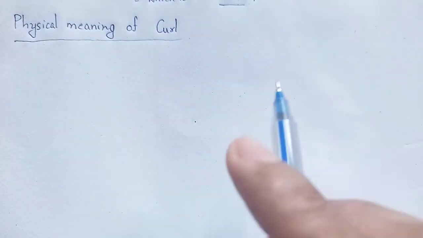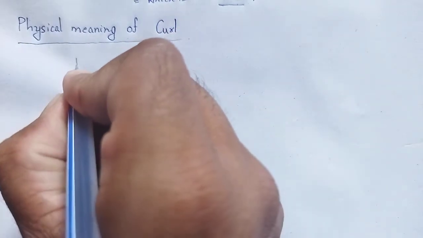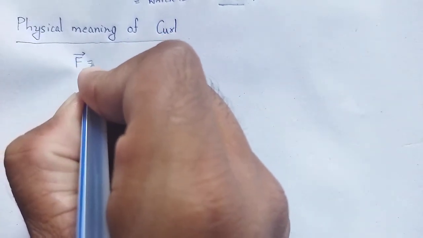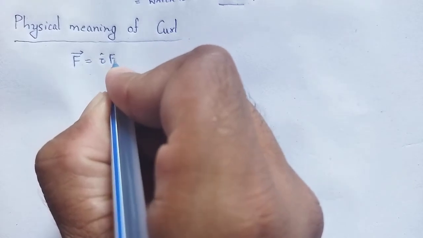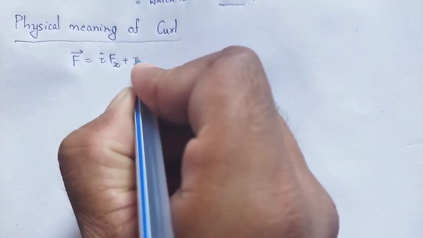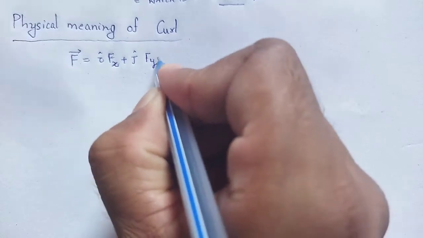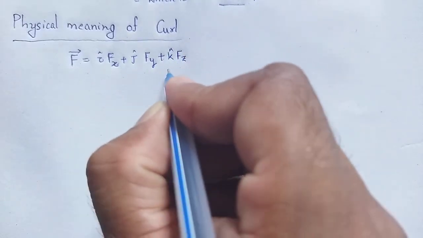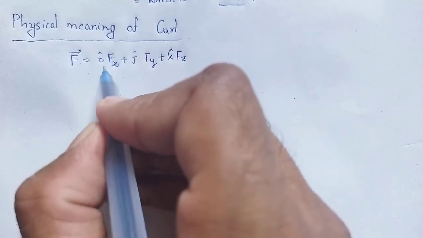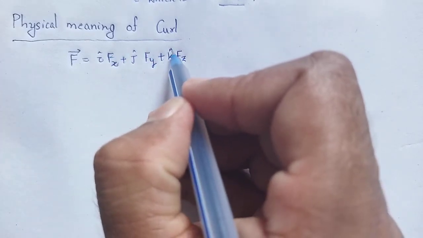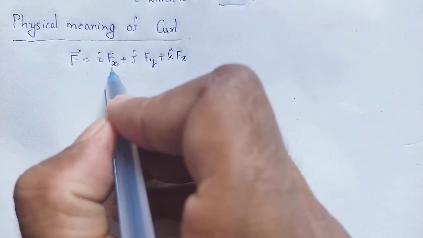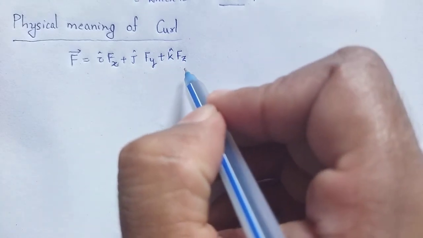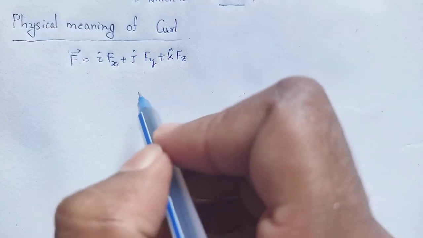To derive the physical meaning of curl, we introduce f vector, represented as i cap f of x, j cap f of y plus k cap f of z, the vector point function having the components fx, fy and fz along the x axis, y axis and z axis respectively.